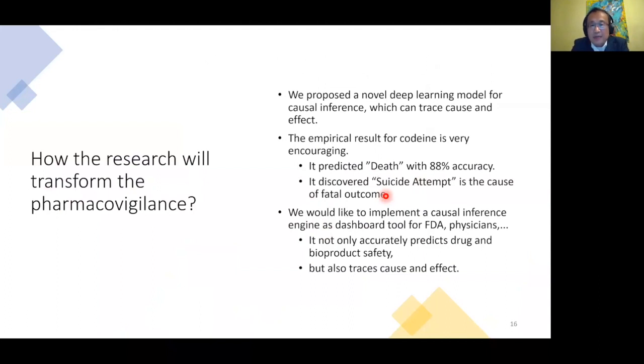This approach can be used not only as a predictive model, but also as a causal inference model to discover the cause for the effect. Specifically, we just submitted a broad agency announcement proposal to FDA.